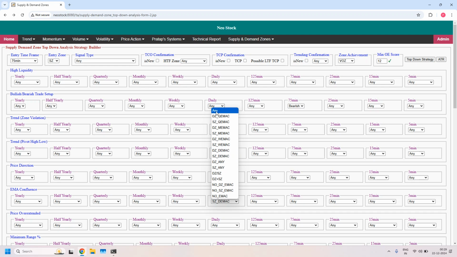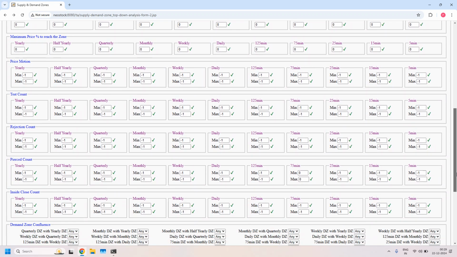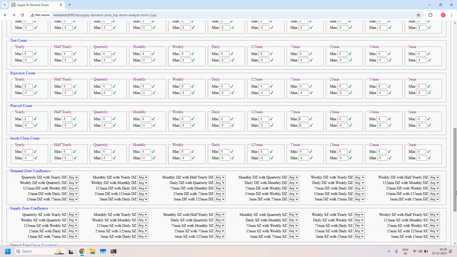I am removing the EMA filter. In the supply zone confluence, we need to set 3 filters. First filter is already enabled, that is 75-minute supply zone with daily supply zone confluence. Next, second filter, 75-minute supply zone with weekly supply zone confluence. And the third filter, daily supply zone with weekly supply zone confluence.